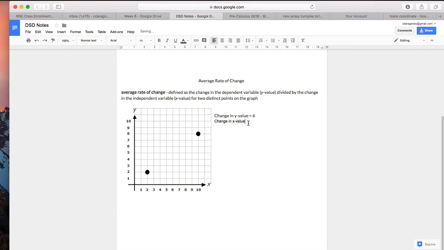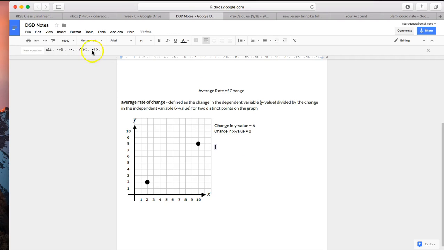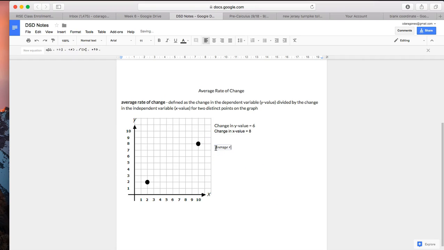So it says that our average rate of change is the change in y divided by the change in x. So let's write that down. Average rate of change equals the change in y divided by change in x.